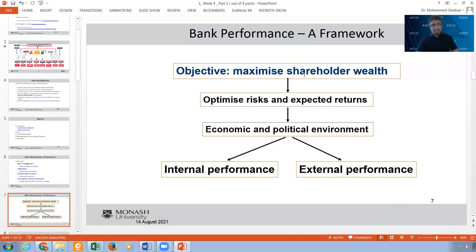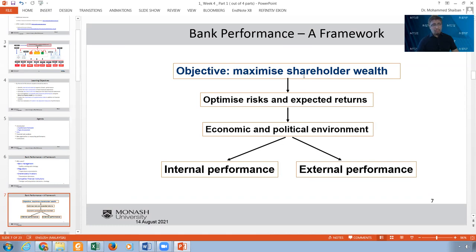So I can take risk in order to get more return, which means I can give more and more loans, even risky loans, and increase the risk, as long as the benefit to the shareholders from the return exceeds the harm of the risk to the shareholders' value. So as long as that function is positive, we keep taking risk.